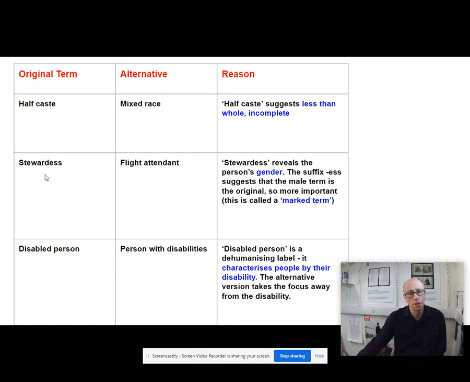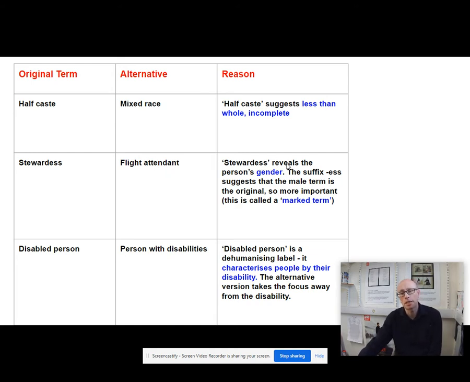Okay, stewardess is one of a host of words where the female form has this ESS suffix on the end. So that would be the original term, stewardess, and a current day alternative would be flight attendant, which of course doesn't draw attention to the gender of the person doing that occupation.